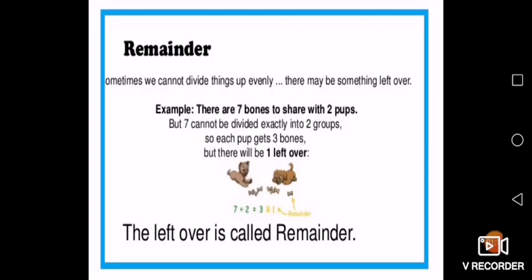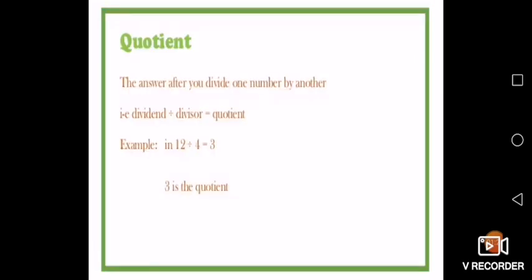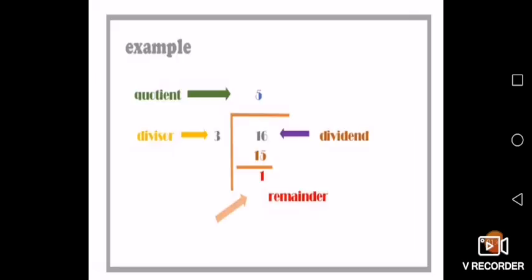Now remainder. Sometimes we cannot divide things up evenly, so there may be a leftover. That leftover number is called remainder. Now quotient: the answer which you get after division is called quotient. By dividing 12 by 4, we'll get 3 as a quotient.